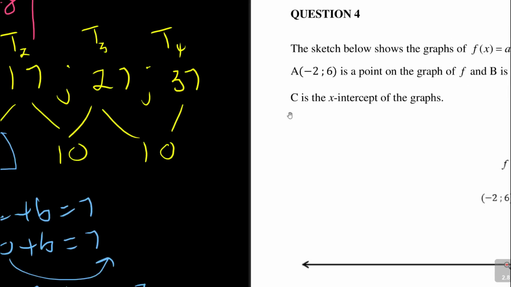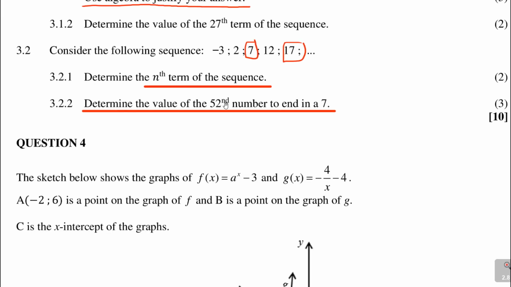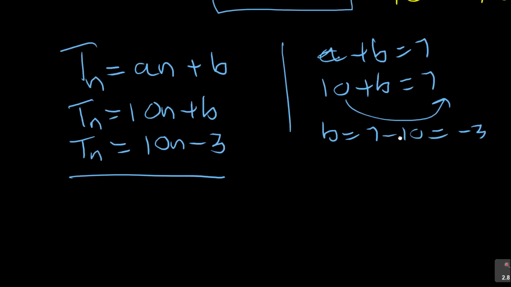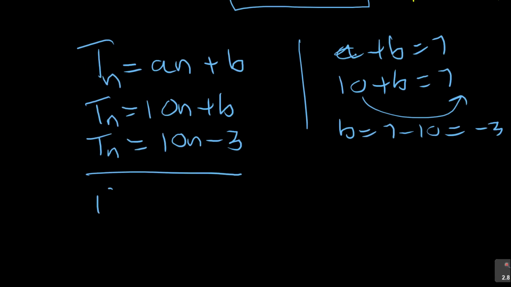Then this question, it was a bit tricky. It says determine the 52nd term number to end with a 7. Now the 52nd, we come here and say T52. It will be 10 times 52 minus 3. Alright, it was a bit tricky.